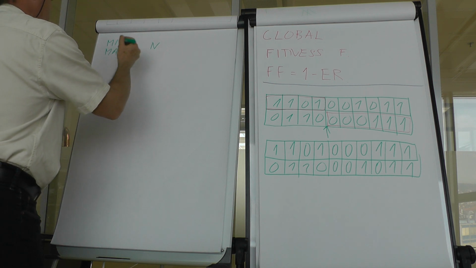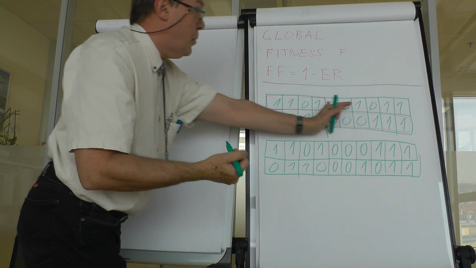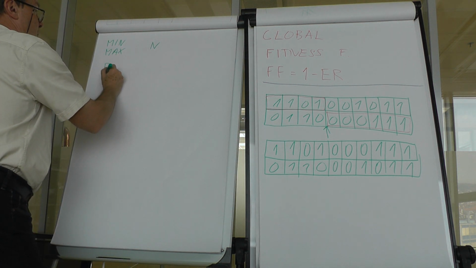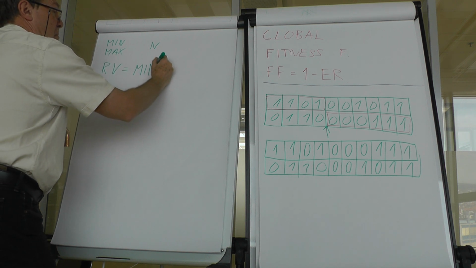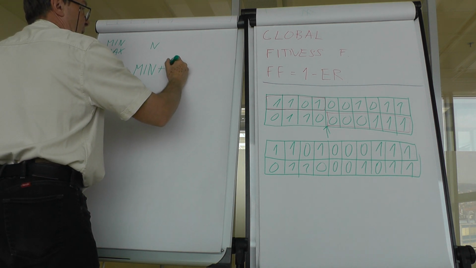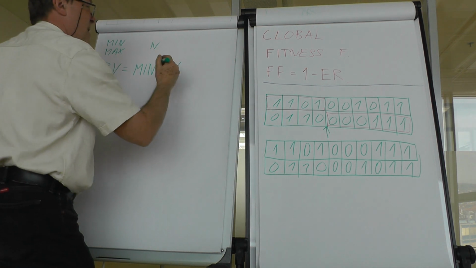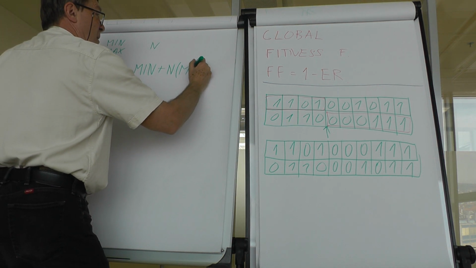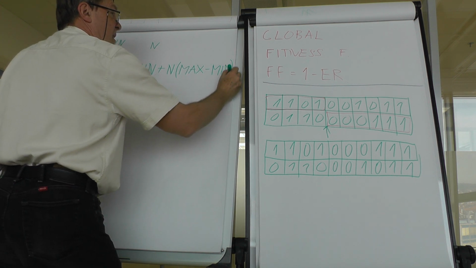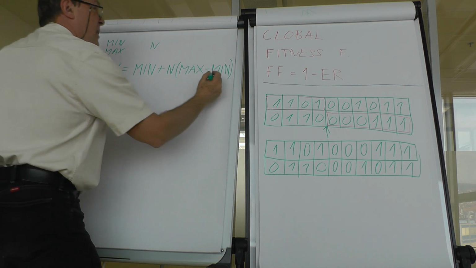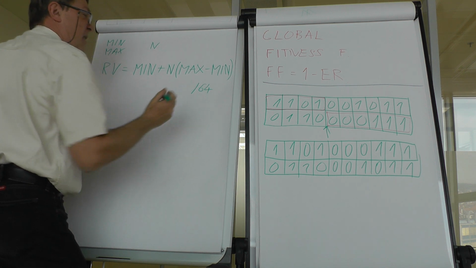And I will map this to the real value that is represented by these few bits. The real value is the minimum plus n, the representation in bits, times the span, which is maximum minus minimum, divided by 64.